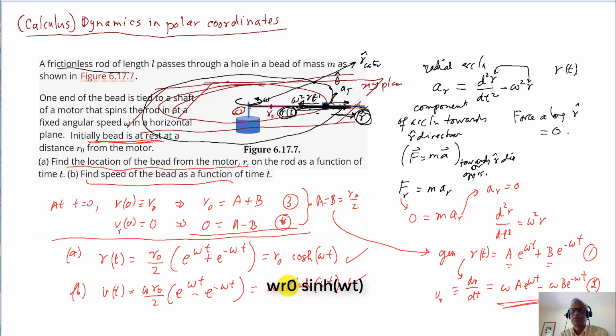So that's how simple this whole thing is. But a lot of the work goes into actually finding this expression for the radial component of acceleration in polar coordinates.